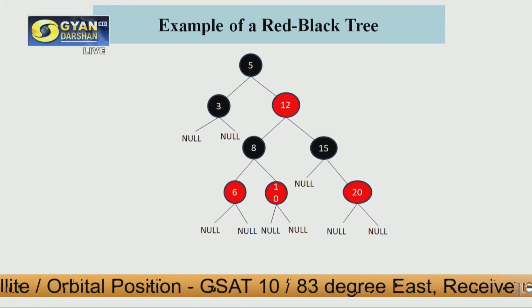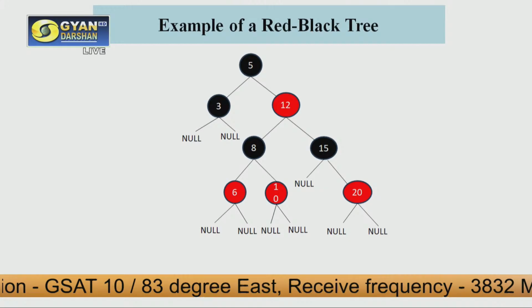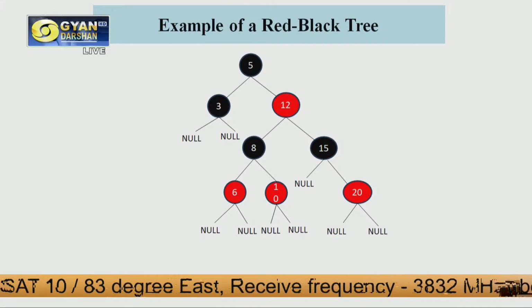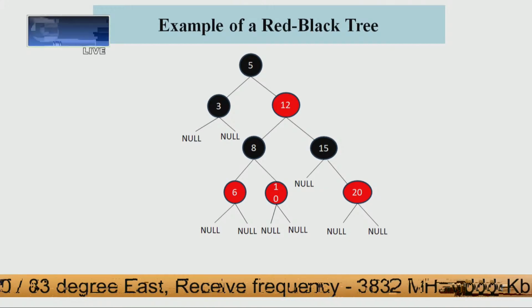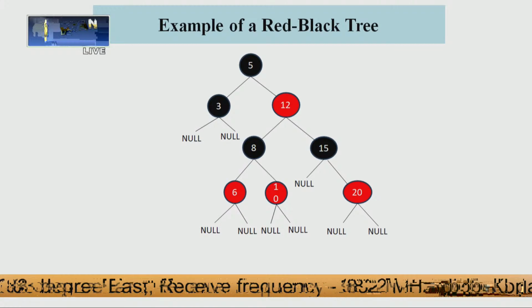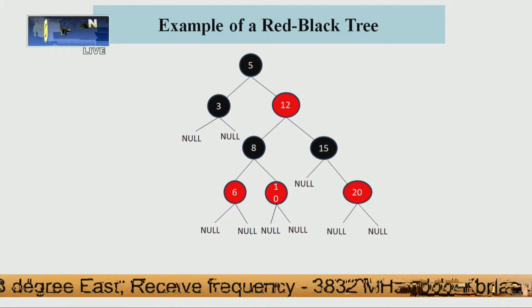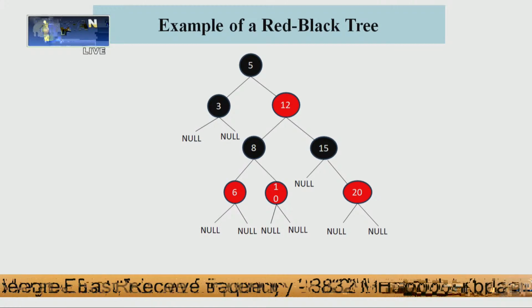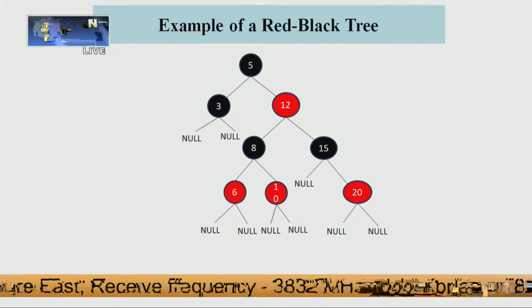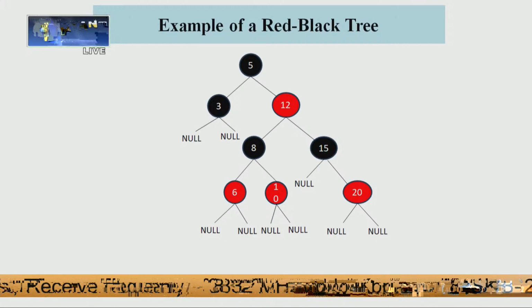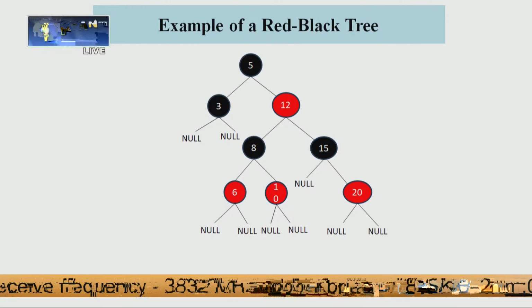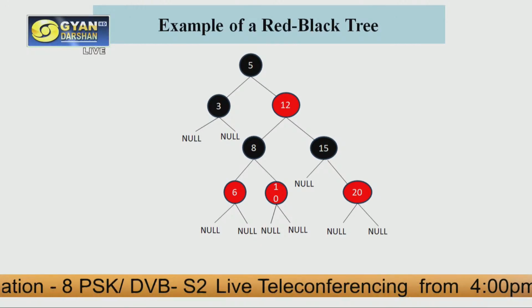In this one you can see there is no parent and child which are both red. There are parent and child which are black, but no two consecutive nodes are red. And also the important property is that in each path, the number of black nodes should be the same.